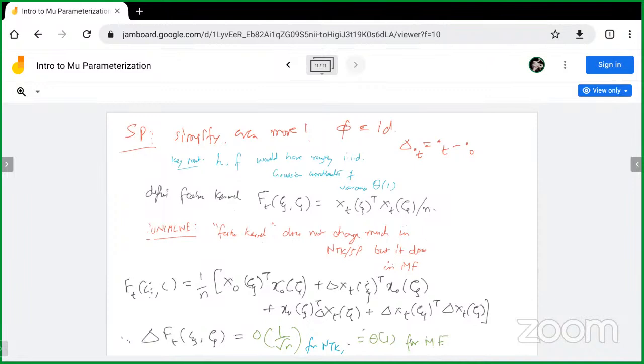In the next part we will see how to use these calculations to get more insight into what happens, and then we will also understand the muP characterization and the muP parameterization and why it is important and useful. Great, thanks.